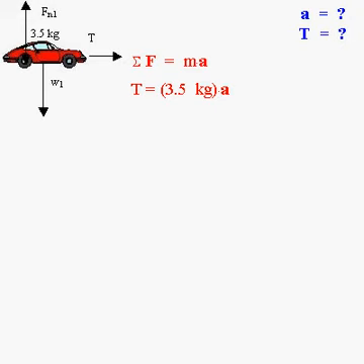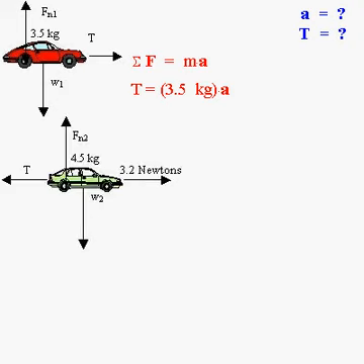Well, the other object is the green car. Here's the green car and all of its forces. Now remember, the action's in the horizontal dimension, so that's what we'll concentrate on. And remember, I've already defined motion to the right as positive. So there are two horizontal forces here. The force with which the child is pulling, 3.2 newtons, and the tension.